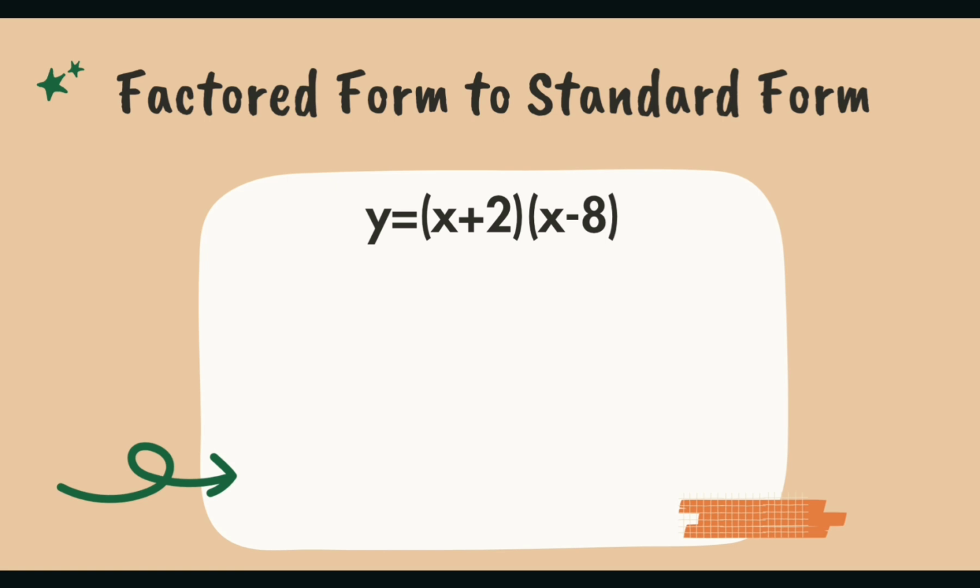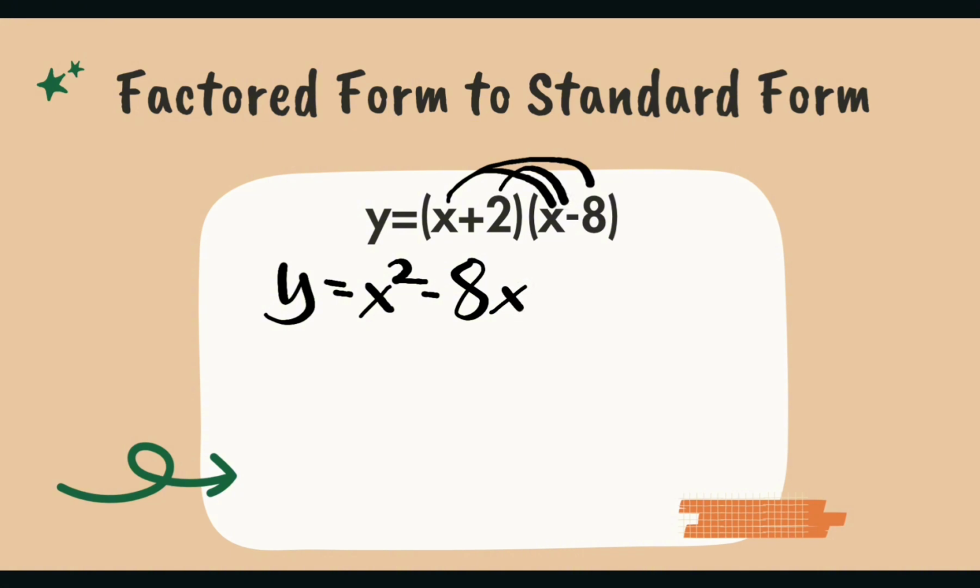Let's continue with the transformation from factored form to standard form. y equals (x plus 2)(x minus 8). We will just need to multiply and simplify. y equals x times x is x squared, x times minus 8 is minus 8x, 2 times x is plus 2x, and 2 times minus 8 is minus 16.